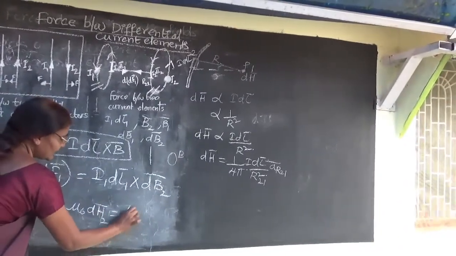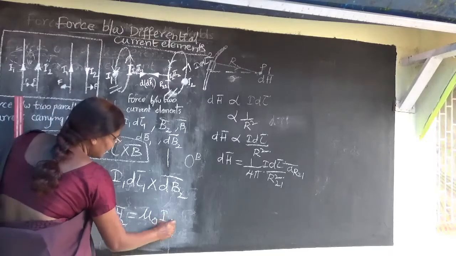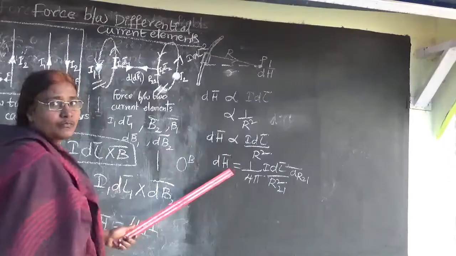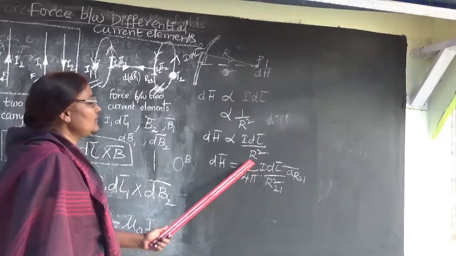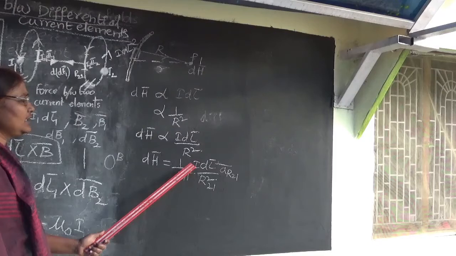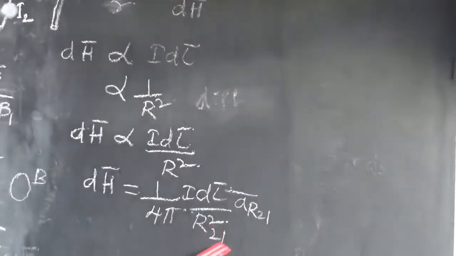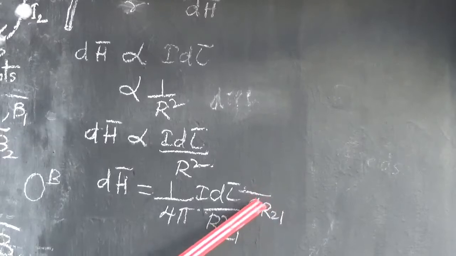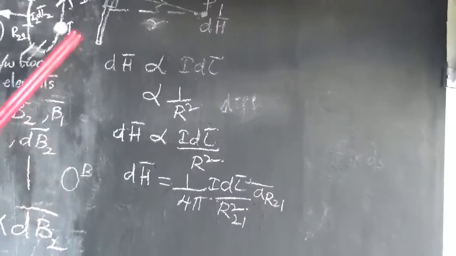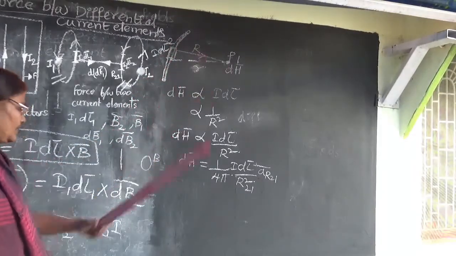And what is the field I have? dH bar is equal to 1 by 4 pi, where 1 by 4 pi is the constant of proportionality, I dL bar by R21 square, aR21. This is the directional or unit vector from the current element to the point P.